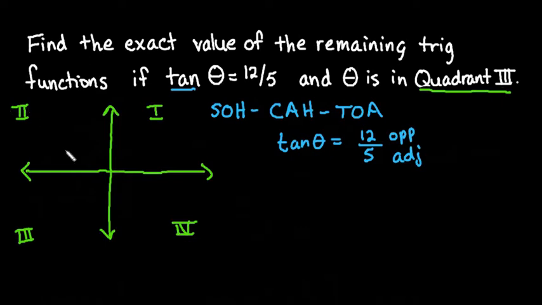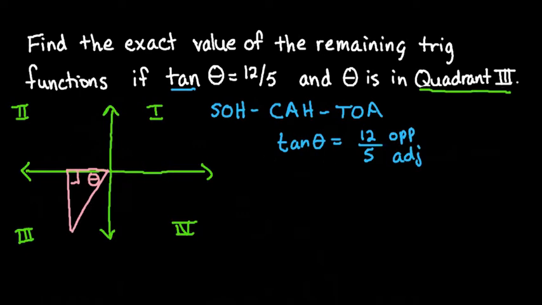Whenever you're setting up your right triangle, you are always going to go from the x-axis and drop your right angle off of the x-axis. So you're going to drop your leg perpendicular to the x-axis, and theta is always going to be the reference angle that is formed from the x-axis and the hypotenuse.